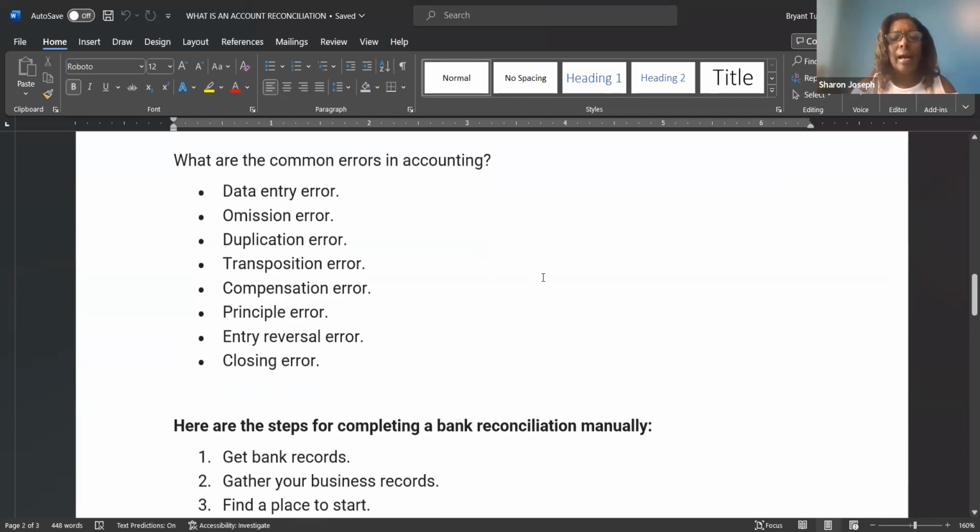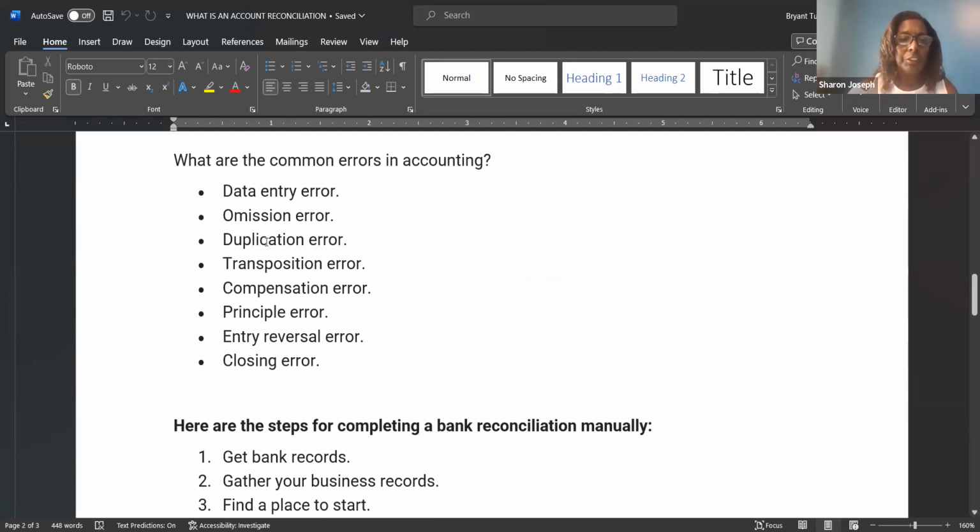So, what are the common errors that you see occurring in accounting? They fall into 10 different categories. You have data entry errors. That means somebody fat fingered something. You have omission errors. That means you left out a bill or an invoice or something was left out in error.